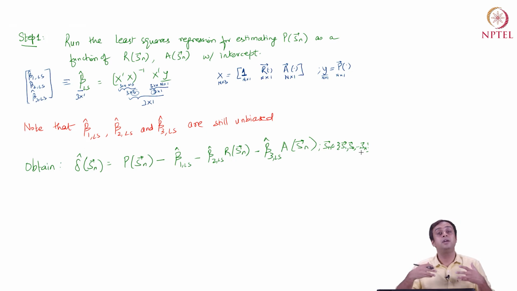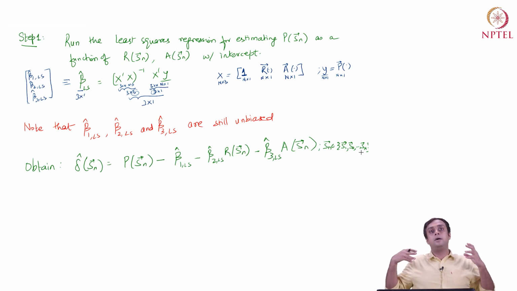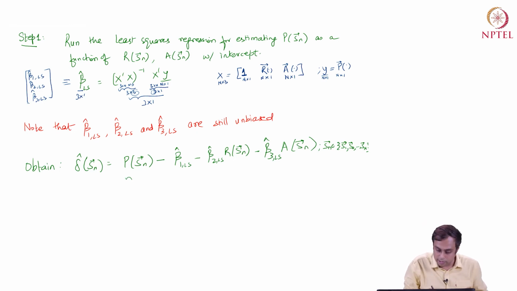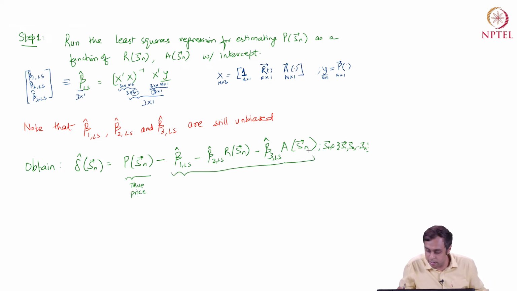So I have a very good guess of also the model residuals, that is the difference between the predicted value and the true value, right? This is the true price, which we observe in the data, and this here is my predicted value.